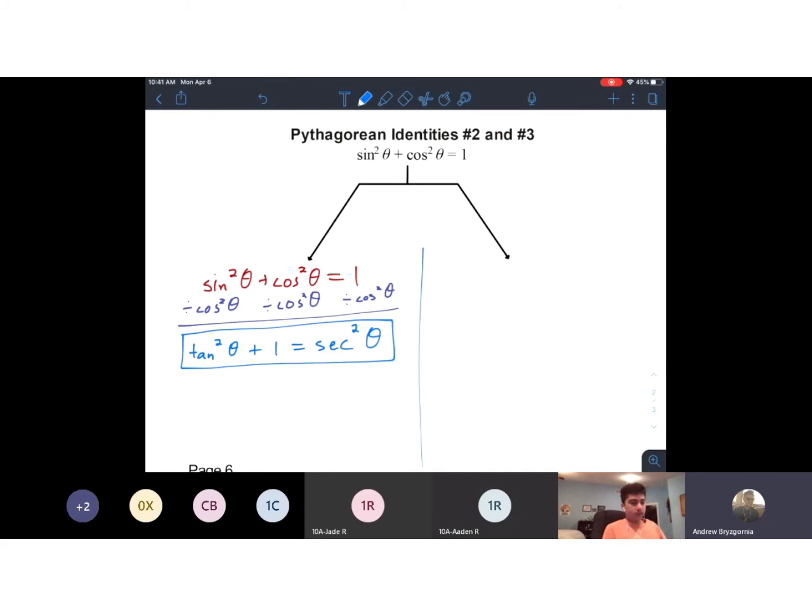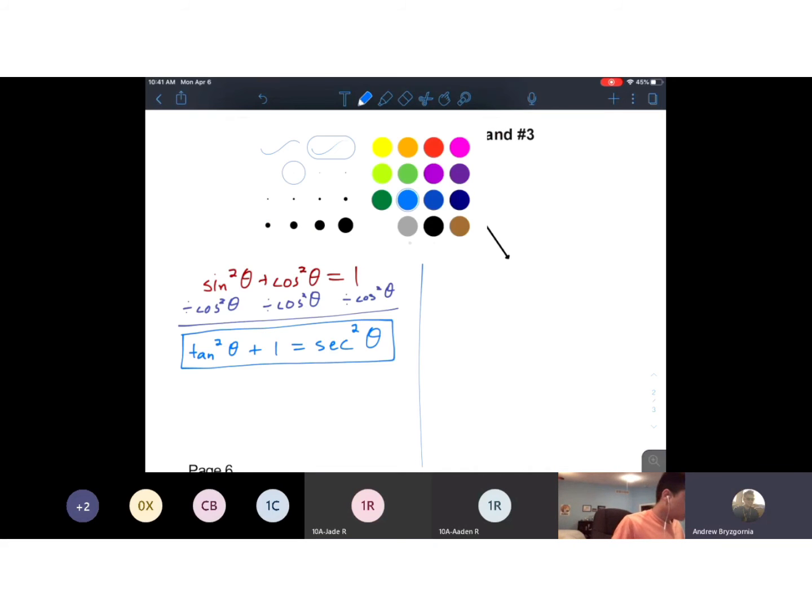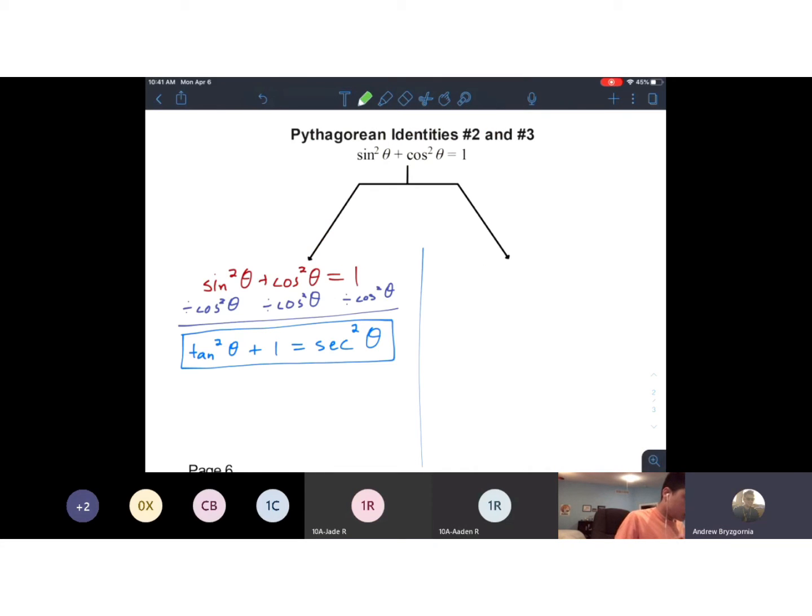And then the other one, again, I'm going to start by writing sine squared plus cosine squared equals 1. And this time I'm going to say, you know what? I don't want sine in there, so I'm going to divide everything by sine squared. So what do we get at the beginning there?